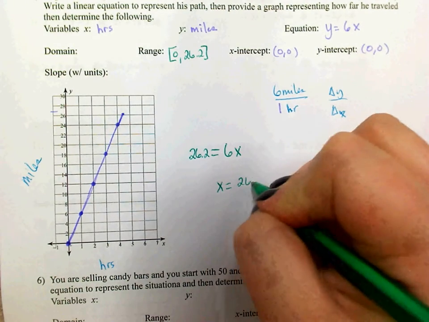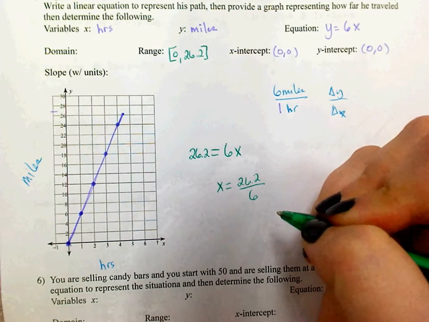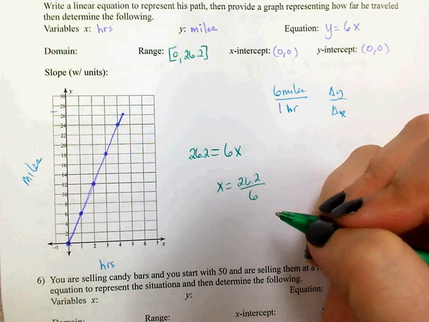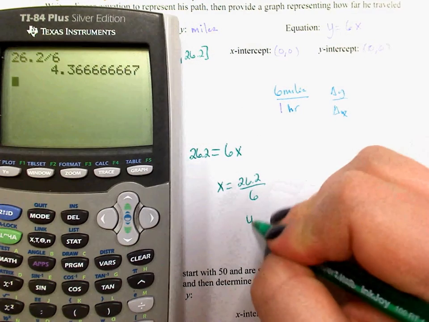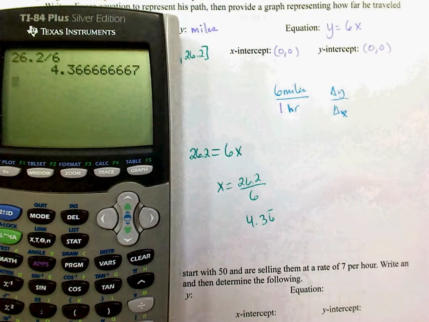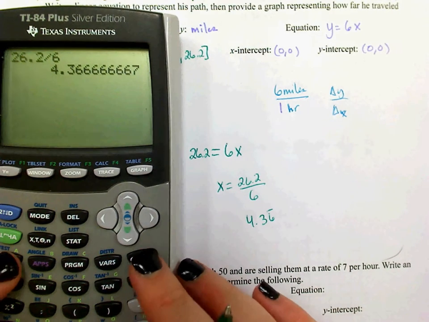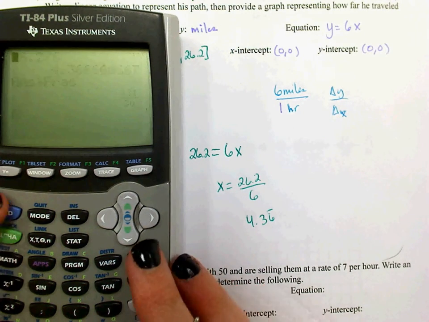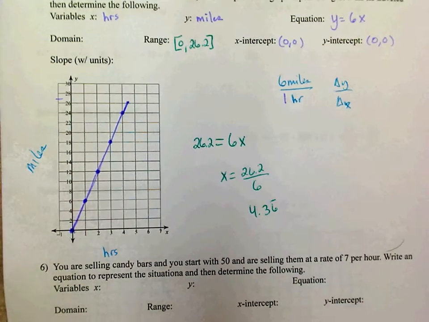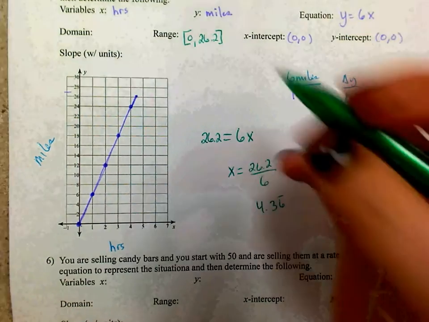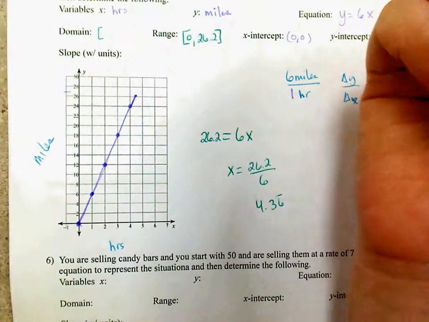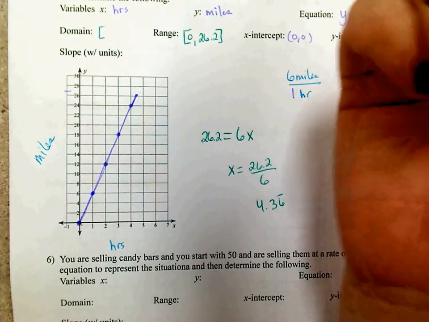If I type that in real quick, 26.2 divided by 6 is 4.36 repeating hours. Yeah, I might as well just leave it like that. Okay, so as far as my domain goes, x is hours, so 0 hours to 4.36 repeating hours.